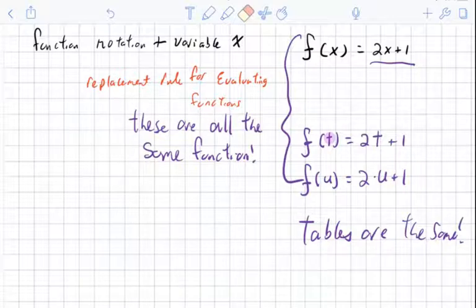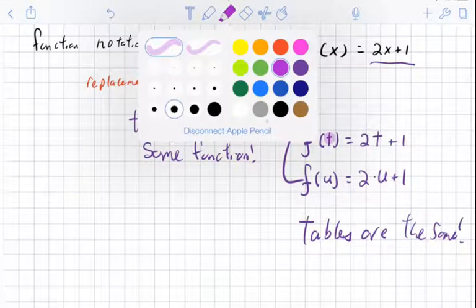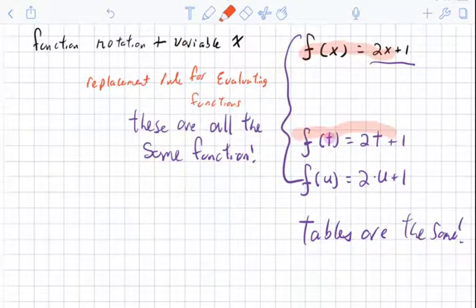So if indeed all of these expressions are the same, there must be a way to transform between them in a way that doesn't bias towards one variable name or another. And there is, and it's called the replacement rule.